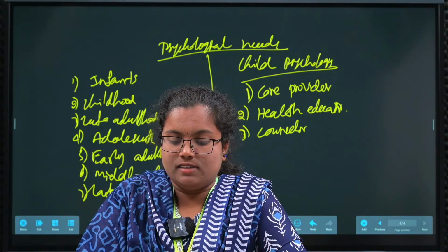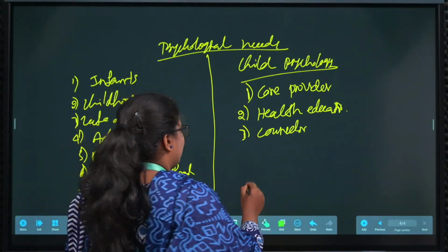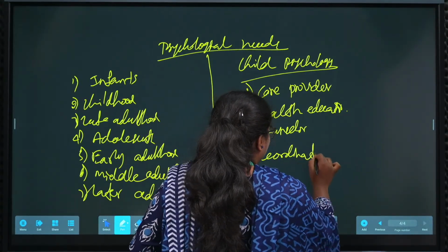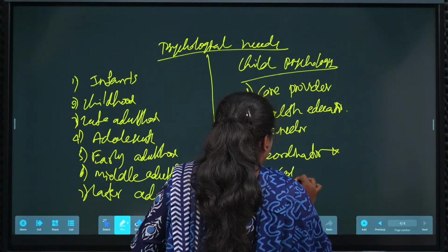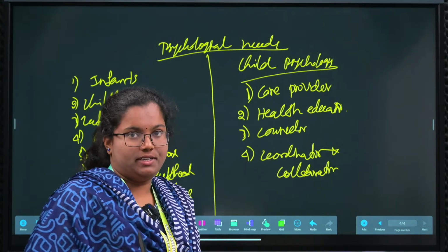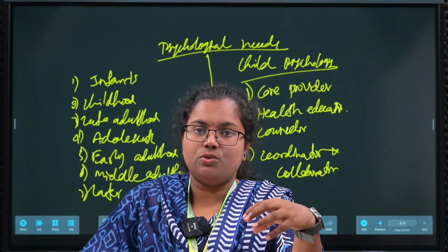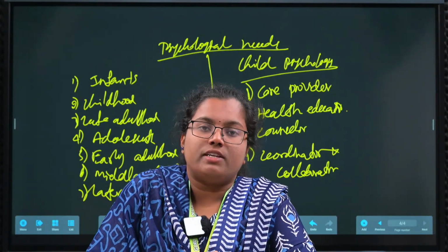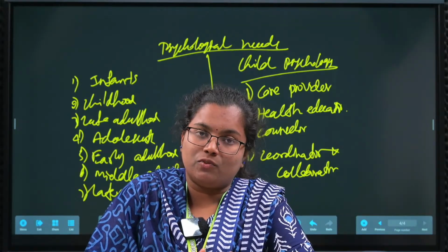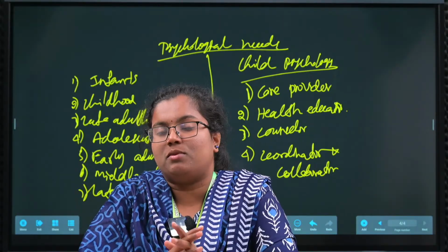Next role is coordinator and collaborator. Coordinator and collaborator means the nurse has to show coordination. She has to work coordinately with the healthcare team and also with the patient's family members or parents, in an understanding and collaborative manner. Coordination has to be built between the nurse and the healthcare team, between the nurse and patient, and between the nurse and family members, meaning parents.